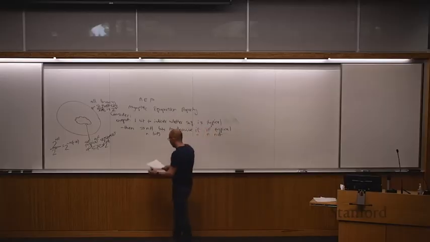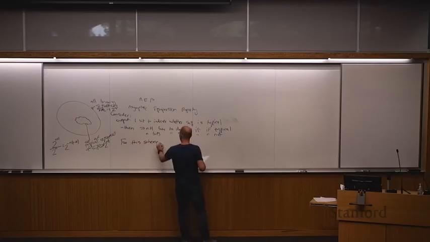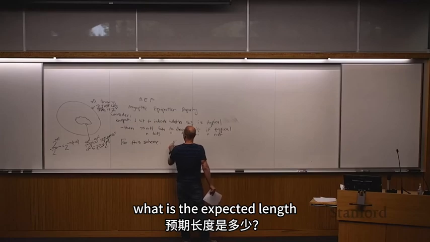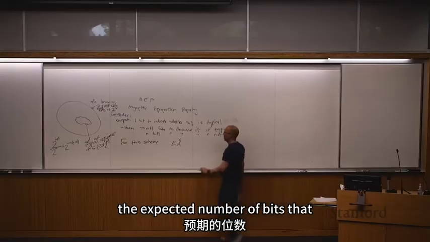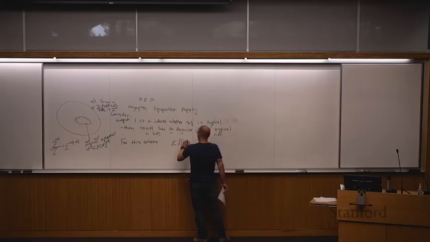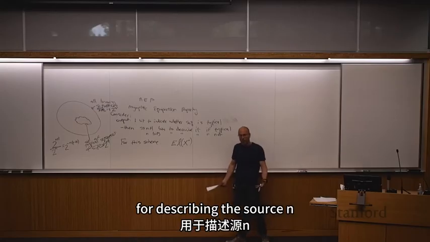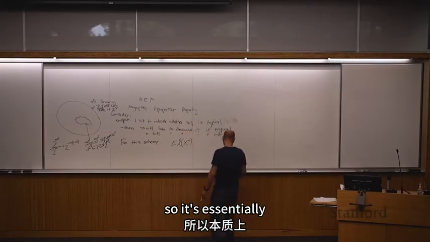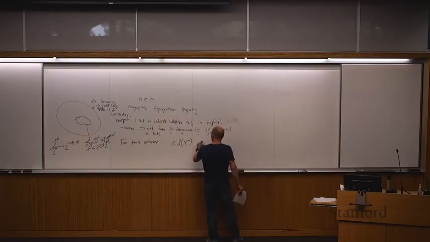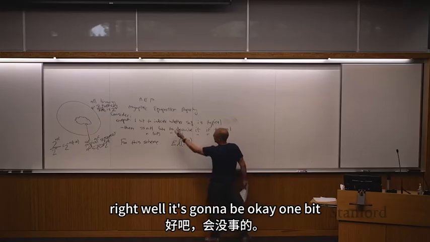So for this scheme, what is the expected number of bits that it will require for describing the source n-tuple x^n?